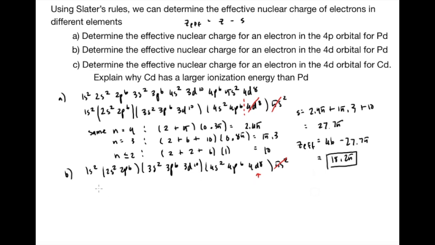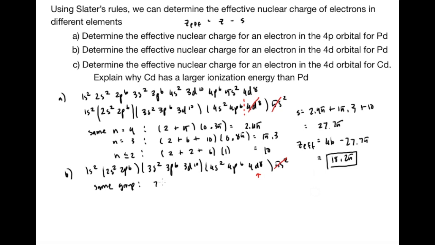And so because the electron is in 4d, Slater's rules are a little different. So those in the same atomic group will have a shielding contribution of 0.35, and everything else, in other words, the lower energy atomic orbitals and electrons in lower energies will have a contribution of 1. And so if we have the same group, this means that we have 7 electrons contributing to the shielding of the last electron.